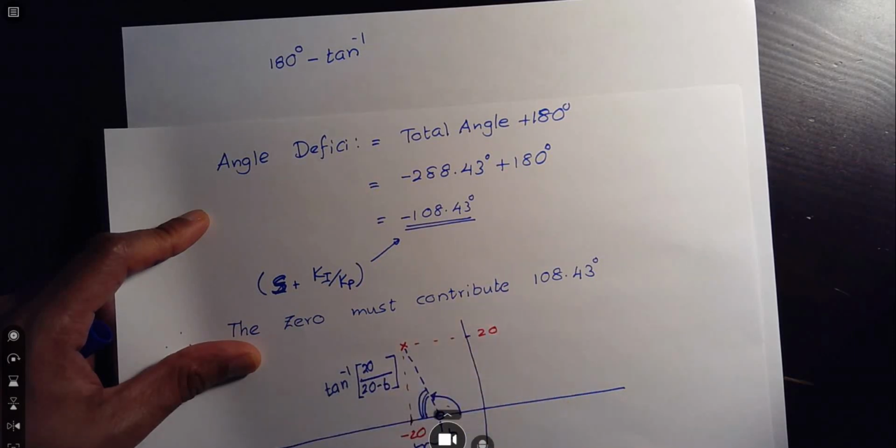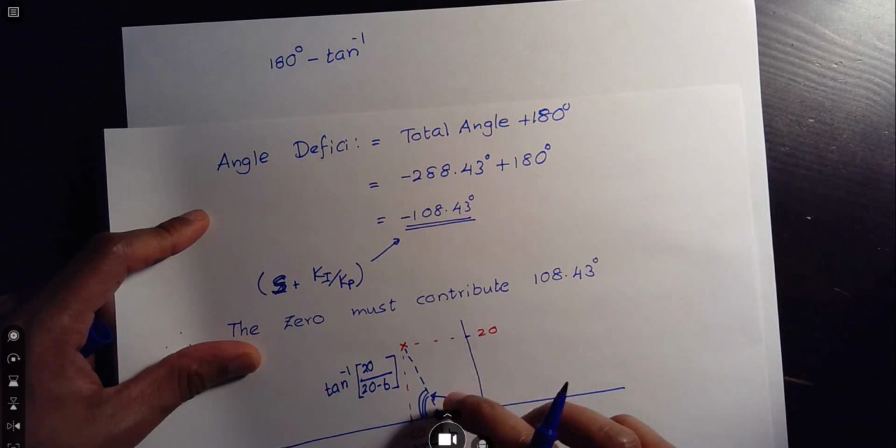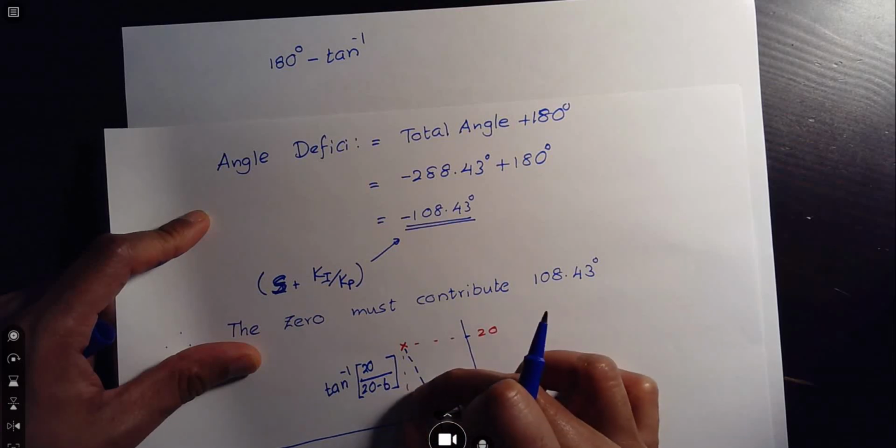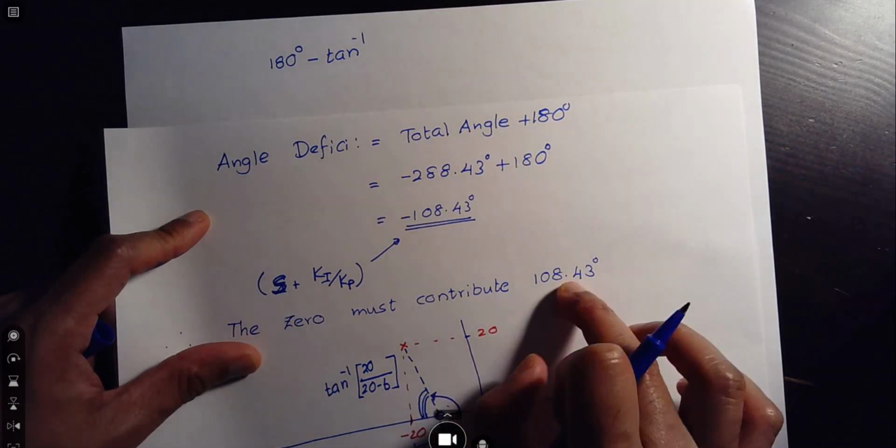If you calculate that angle, we can associate it to the angle we're trying to set. So 180 minus this angle should equal 108.43.